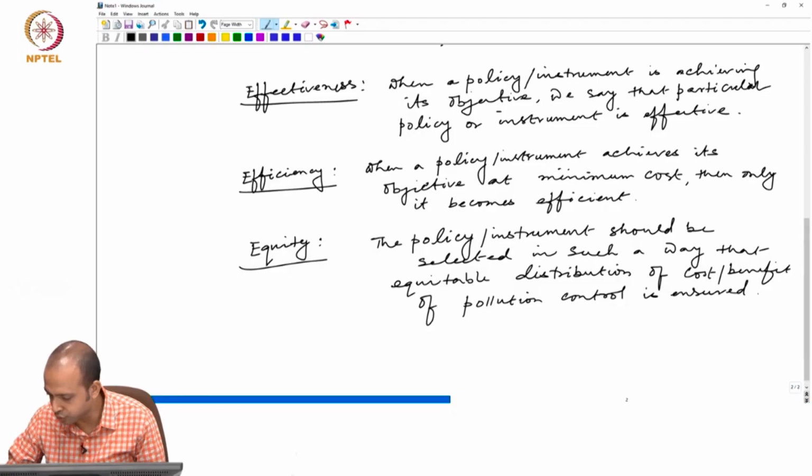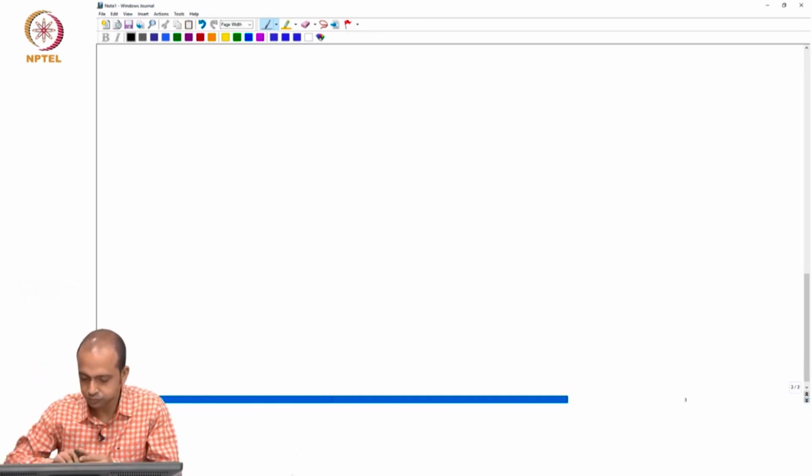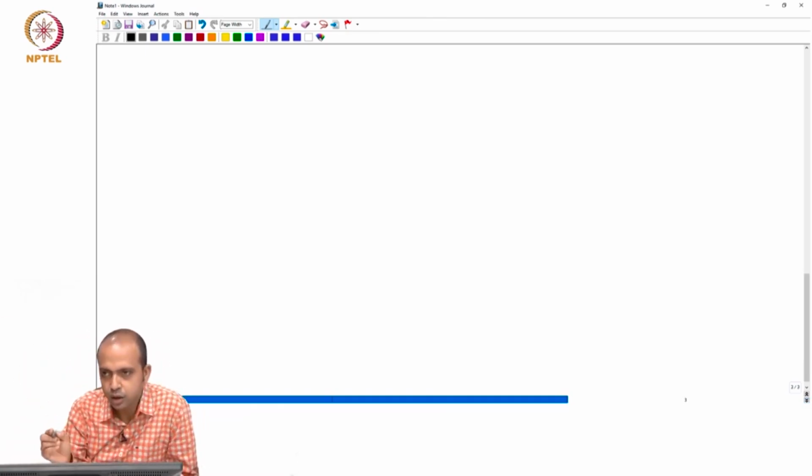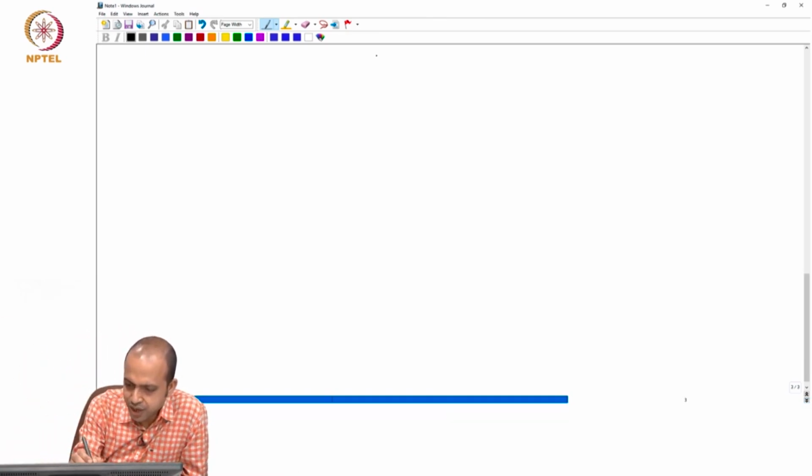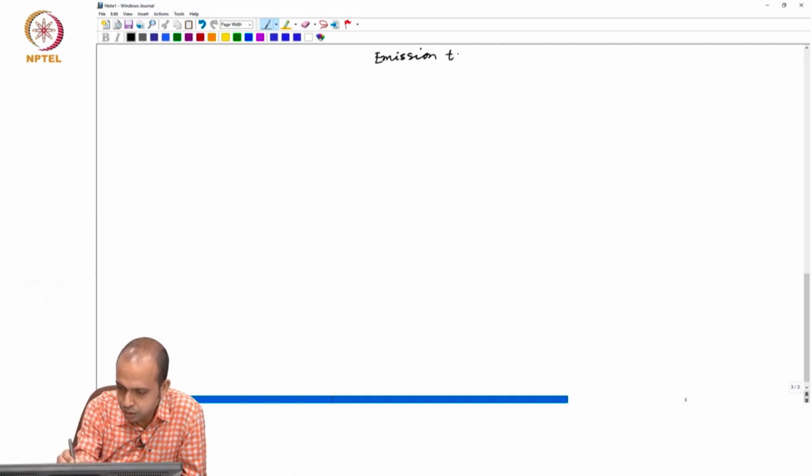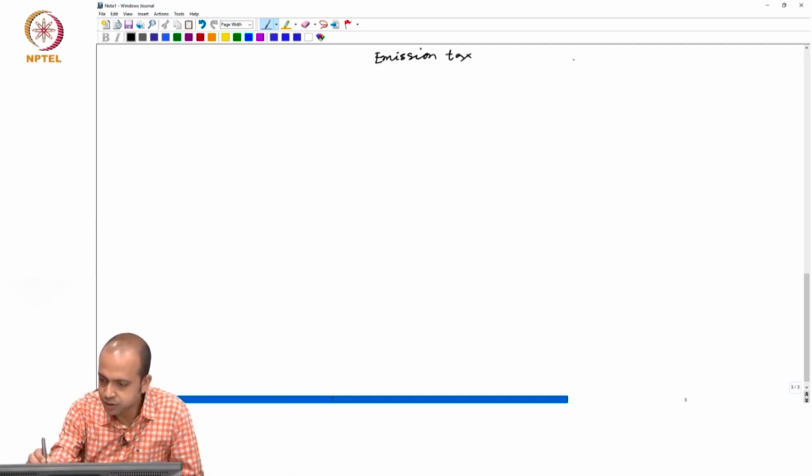So, let us first talk about effectiveness. So, this is emission tax, and this is tradable pollution permit.